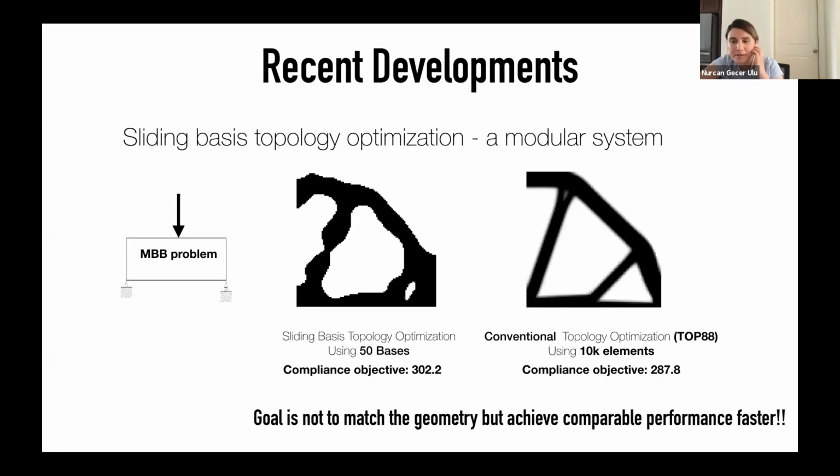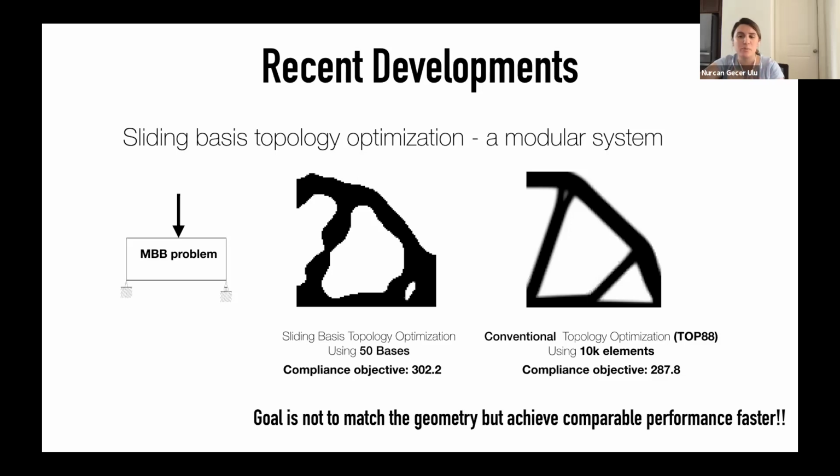Before I stop the presentation, I just want to mention some recent developments. We also tested our algorithm on the traditional conventional structural topology optimization, and we optimized for the MBB beam problem and did this sliding based topology optimization using in total 50 bases, basically having only 50 optimization variables.